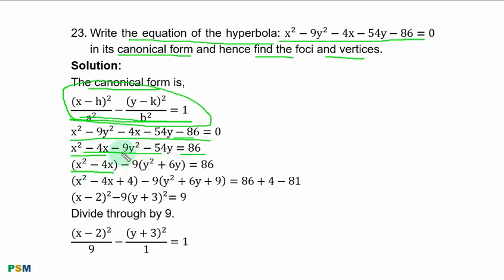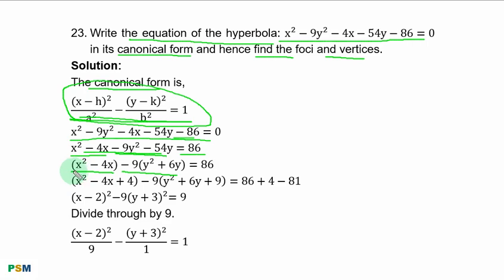If you group these two terms, you can factor out minus 9. You have it in this form. You need to express the quadratic terms as perfect squares.